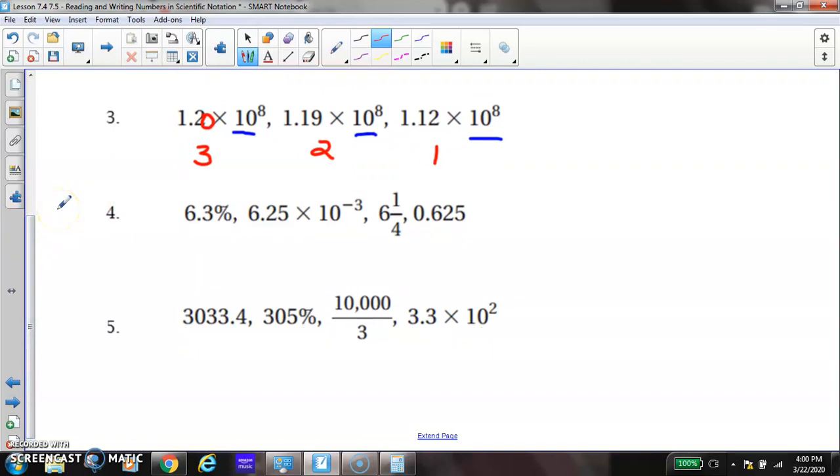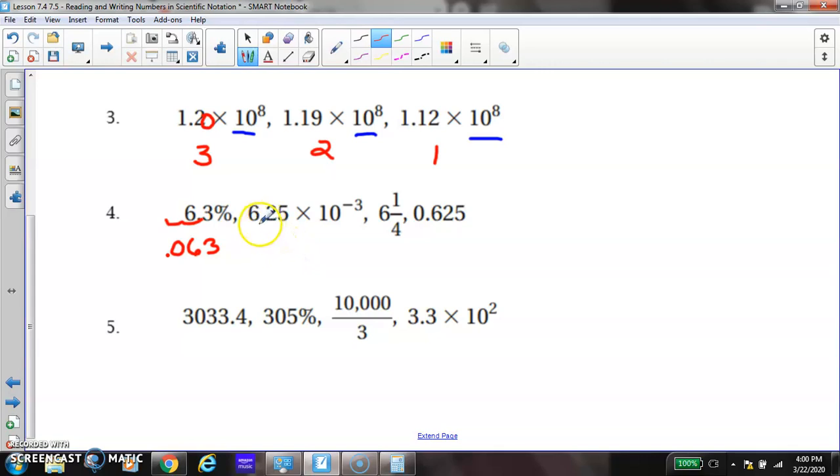All right, for 4 and 5, the first thing you guys want to do is change them all to the same thing. So 6.3%, percent means per 100, so that means you'd be dividing by 100 to see what your decimal answer is. And I think it's easiest to just write everything as a decimal because then you're comparing the same thing. So I have 0.063.